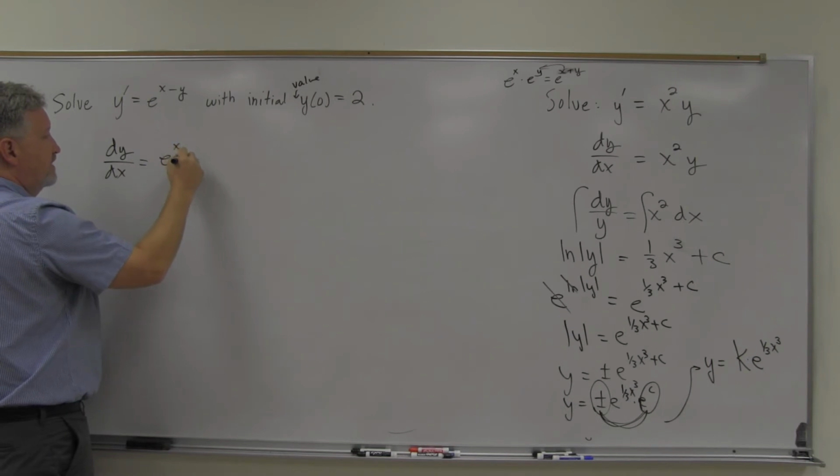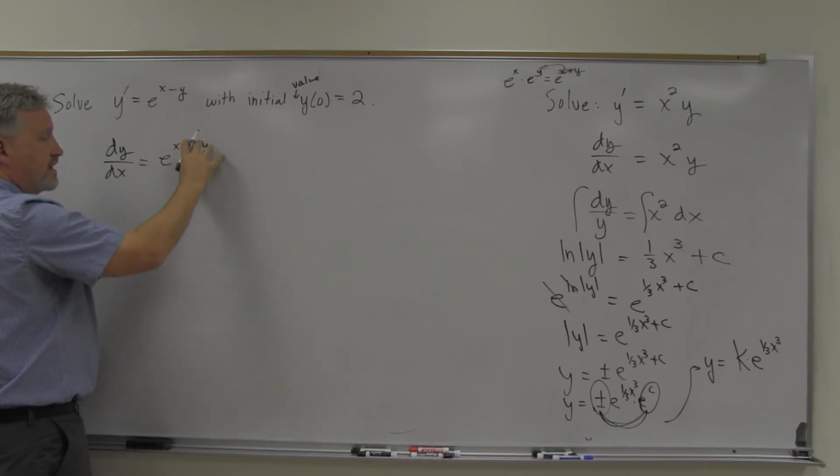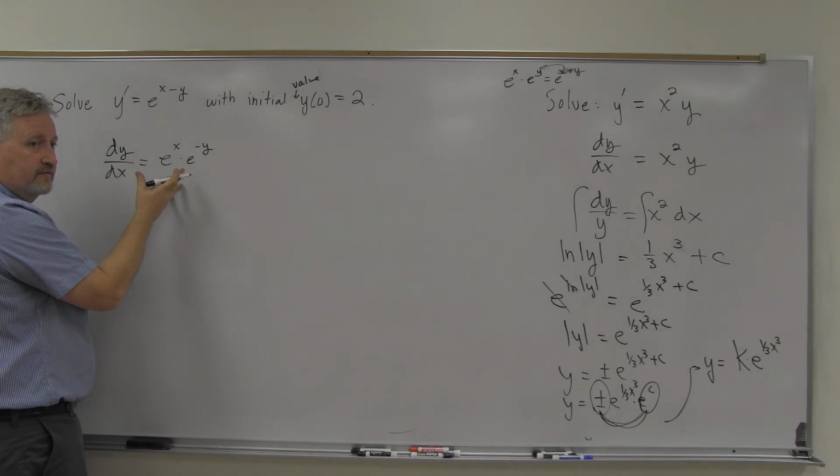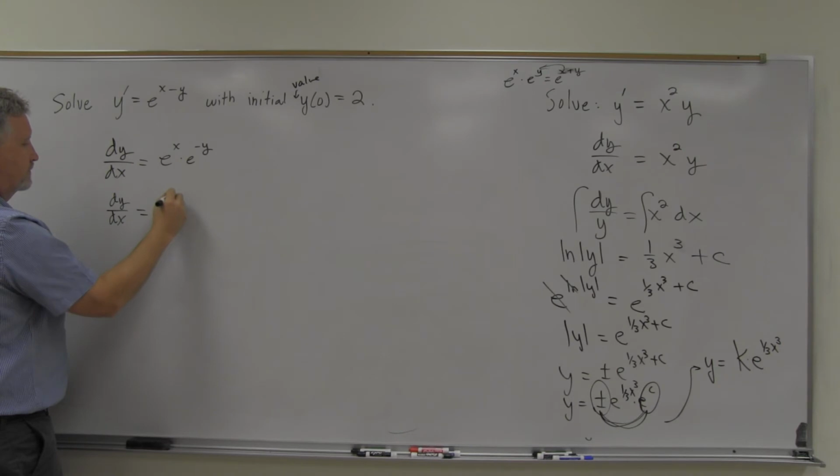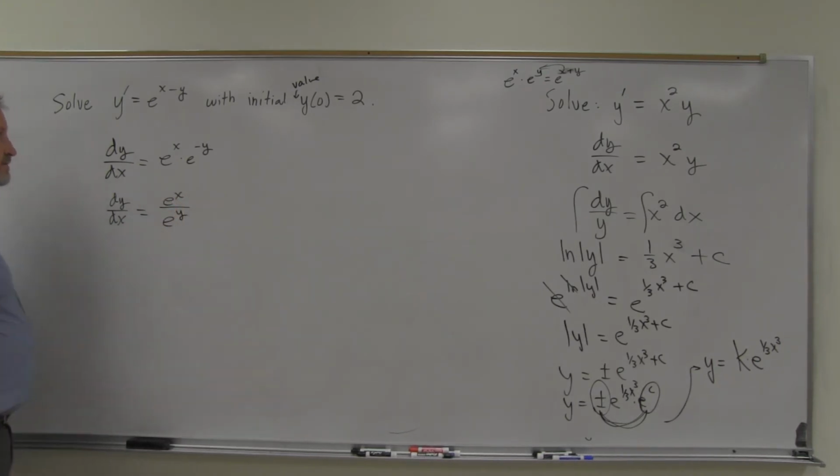Even better, e to the minus y is 1 over e to the y. So couldn't we just write the right-hand side as e to the x over e to the y? That'll help by separating these out. Now all I have to do is cross multiply: e to the y dy equals e to the x dx. That's going to work out rather nicely.